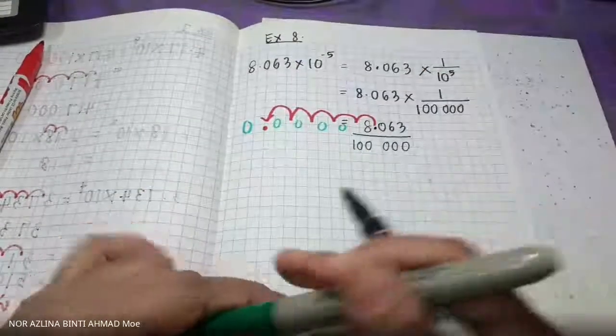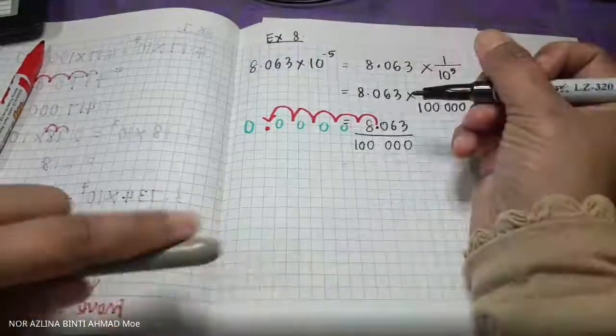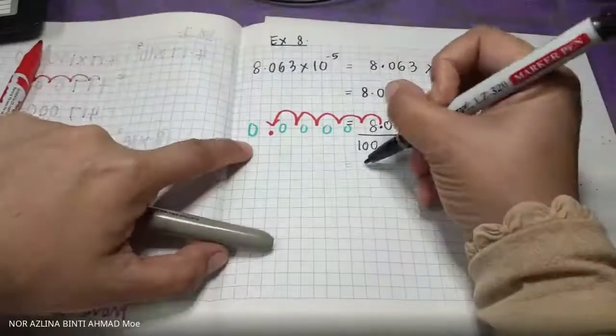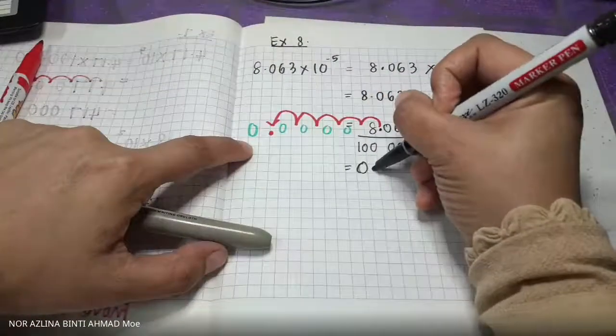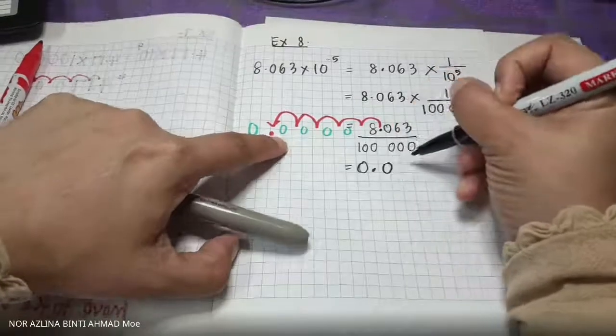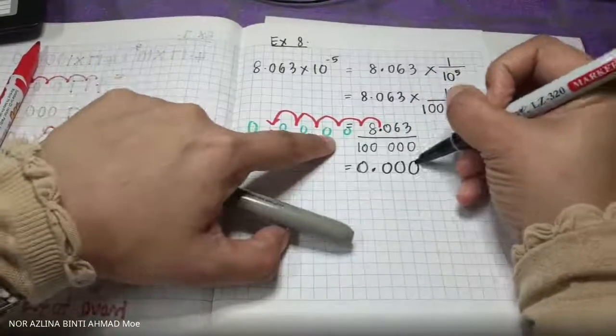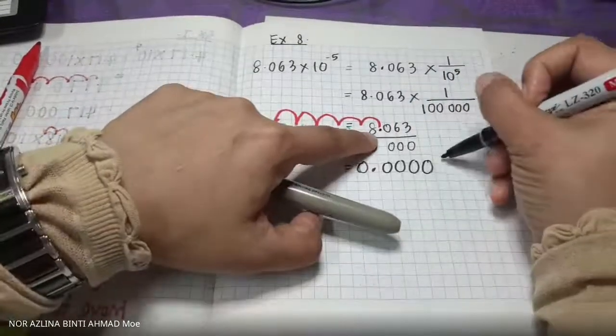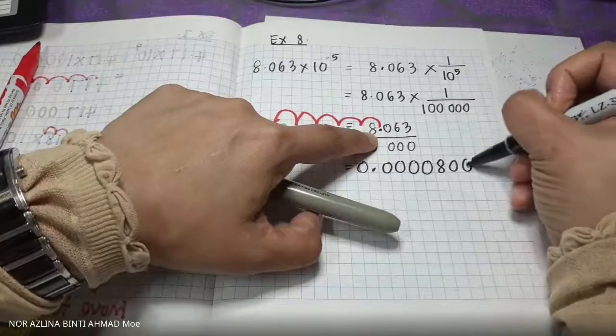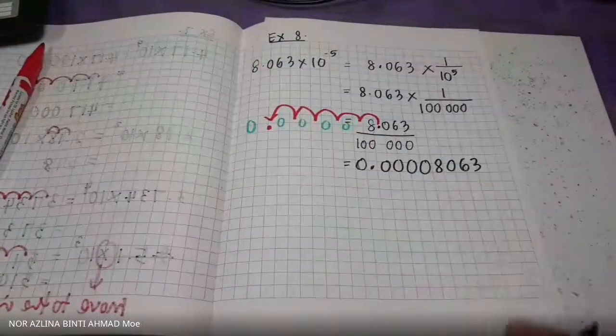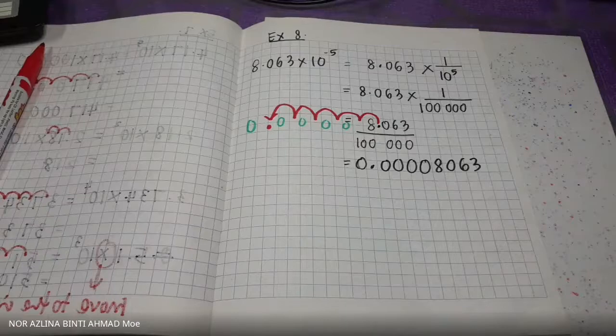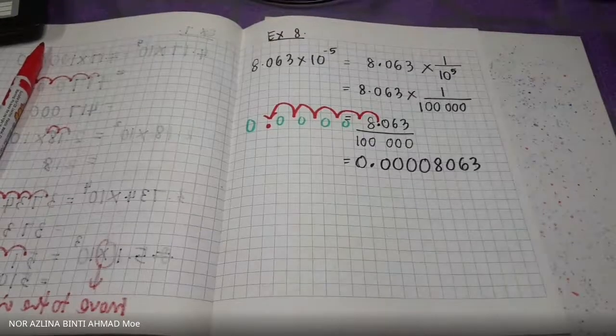So what is the final answer? 0.0000, and here we copy 8063.